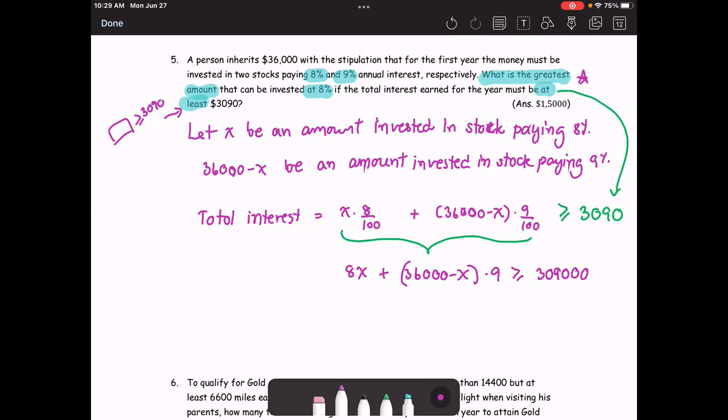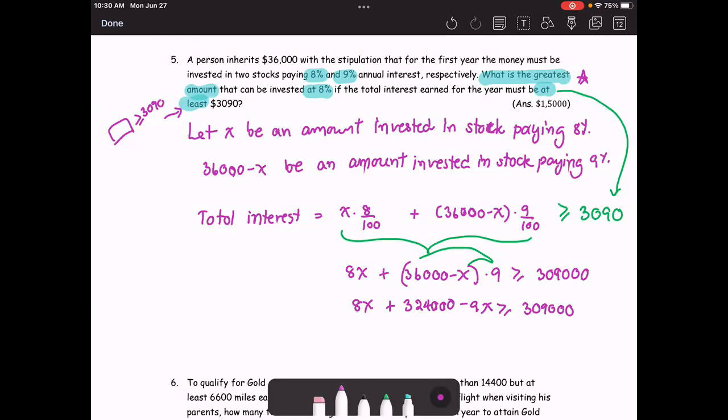And next, we distribute the 9 into parentheses. We get 8X plus 36,000 times 9 is 324,000, and then minus 9X greater than or equal to 309,000.